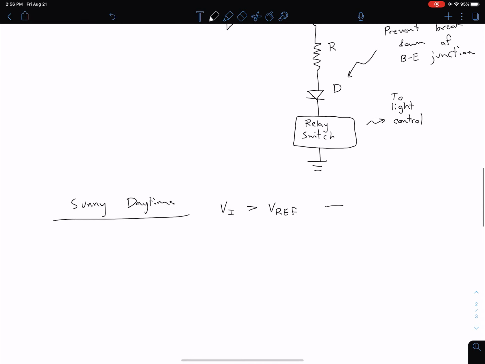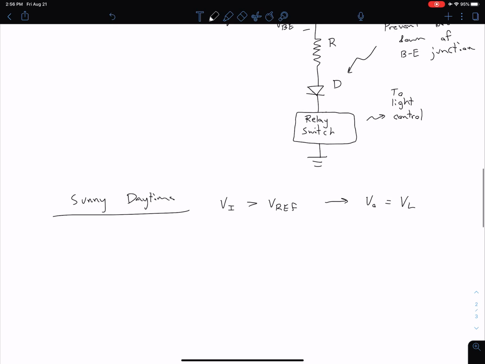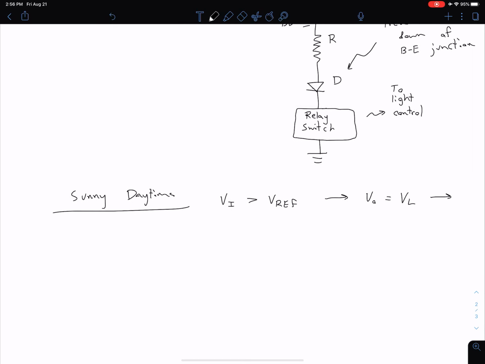So we can come down here and say this means our output is V low. What that means is if our output is low, we're not going to have a large enough base emitter voltage. Remember, we could label this as our base emitter voltage. If our base voltage is too low, we don't have enough voltage to turn on the transistor. So when Vout is VL, our transistor is off.